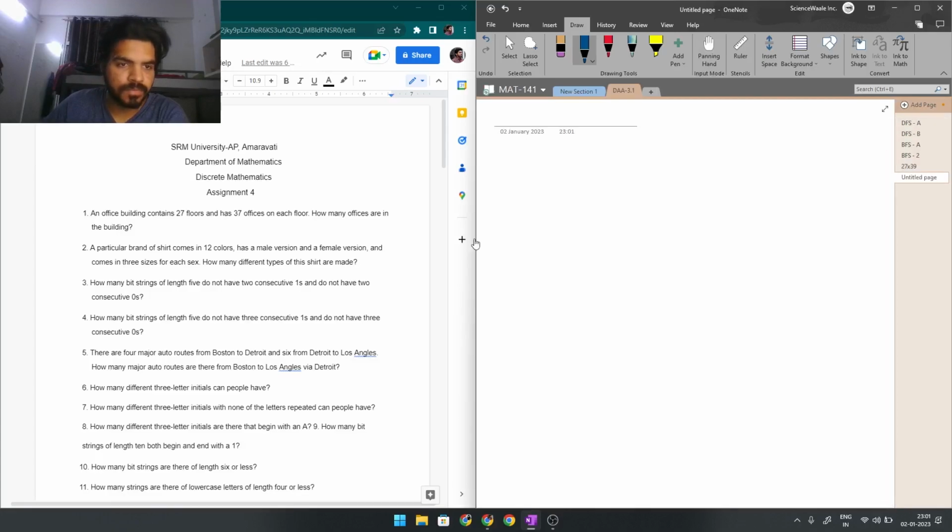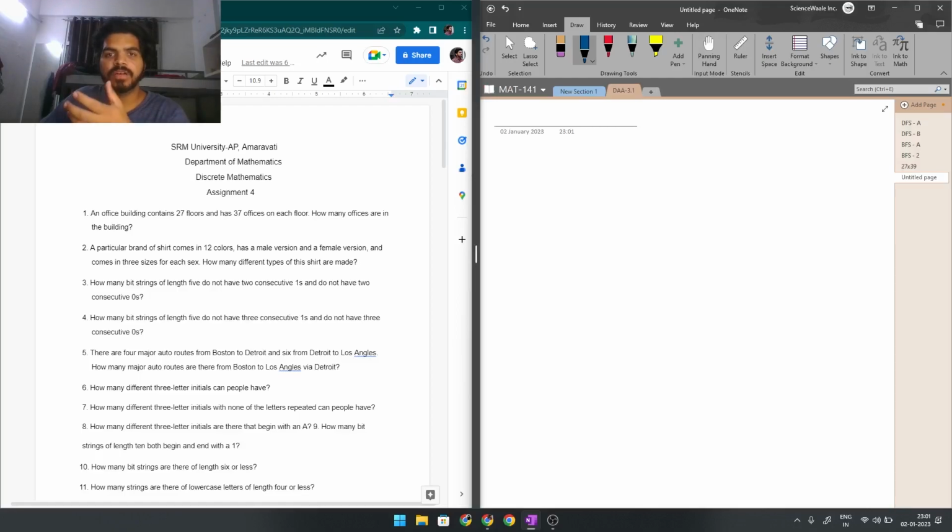Next question. A particular brand of t-shirt comes in 12 colors, has a male version and a female version, and comes in three sizes for each sex. How many types of t-shirts can be made? So, for example, if you have done permutations and combinations.